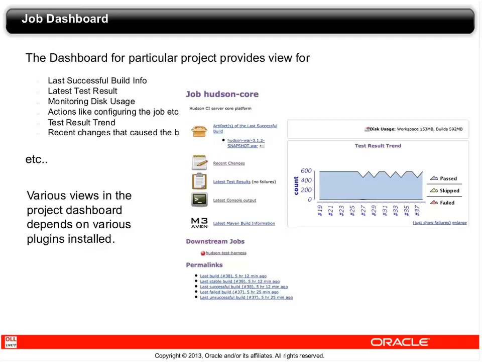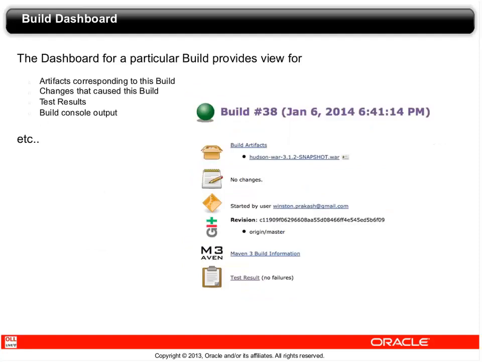From the history, you can go to the build dashboard. The history displays all the builds, though it's not shown here; I will demo that quickly. When you click on the history of a particular build, it will take you to the build dashboard, and it will show all the information about that particular build.